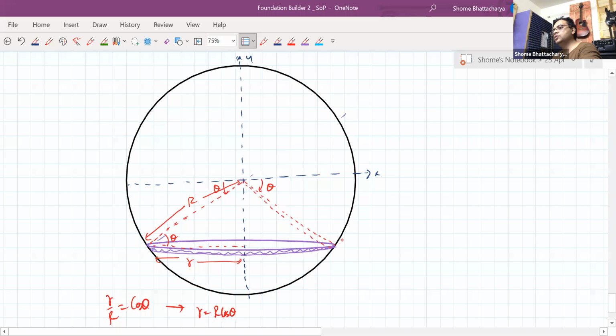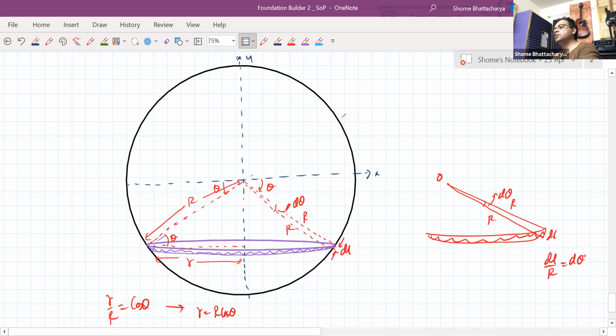The side of the ring over here is subtending a small angle d theta. If you look at this thin arc, this is the thickness of the ring. It subtends an angle d theta at the center, and this radius is r. So arc upon radius is equal to d theta, and the thickness of the ring is given by r d theta.